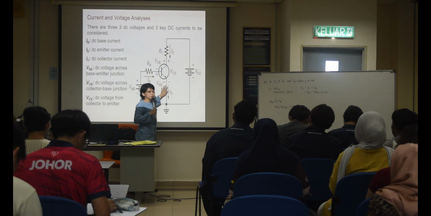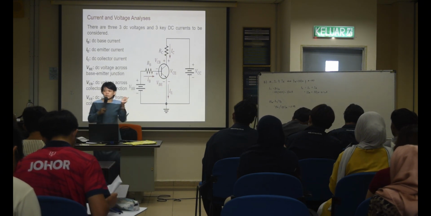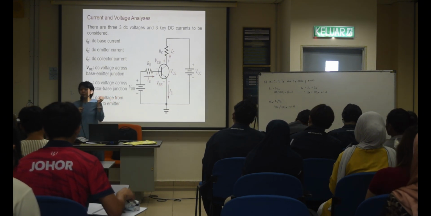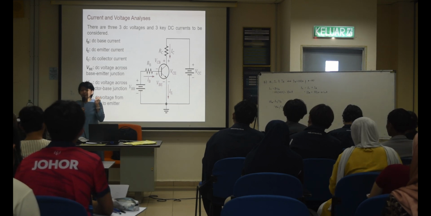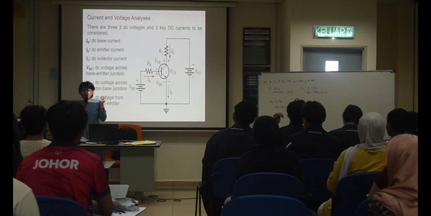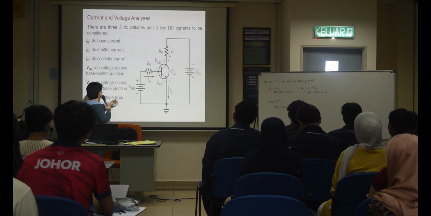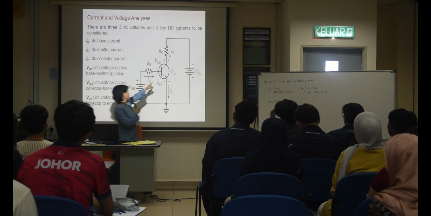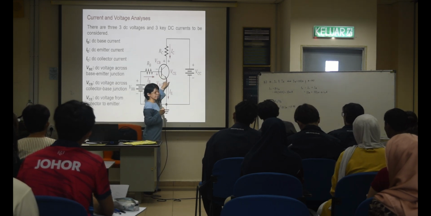When you see this photo, first you must know whether this one is NPN or PNP. NPN, yes, you are right. How do you know? The arrow going out means N.